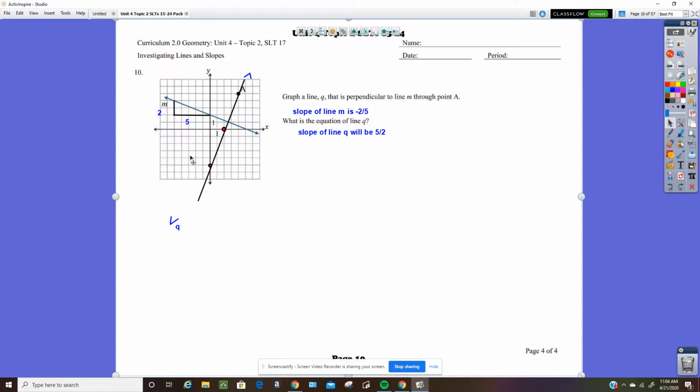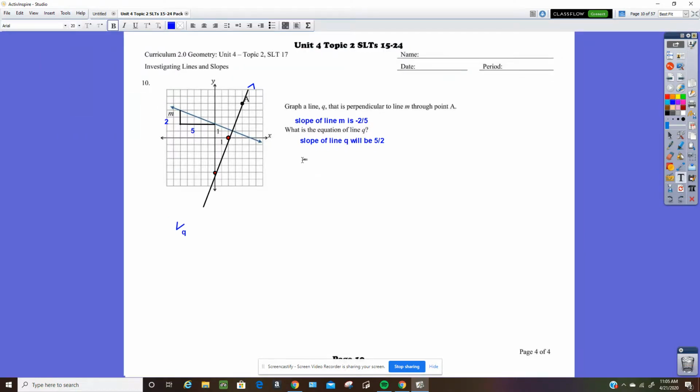And so the y-intercept now is here, 1, 2, 3, 4, 5, is negative 5.